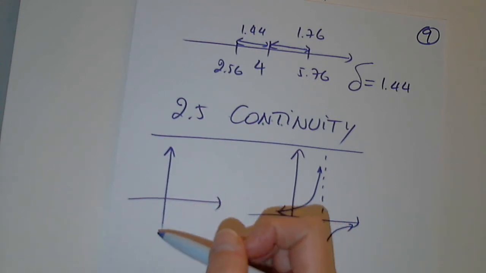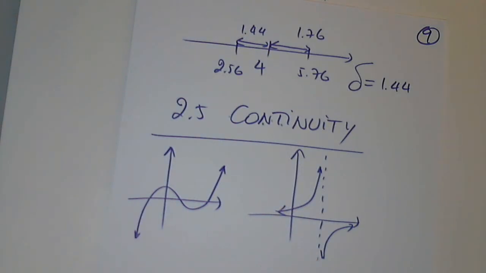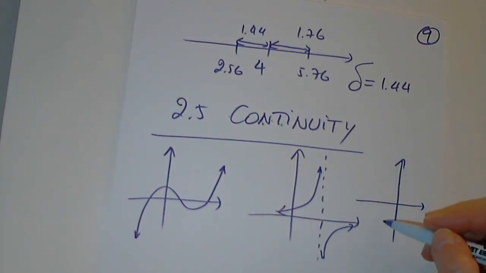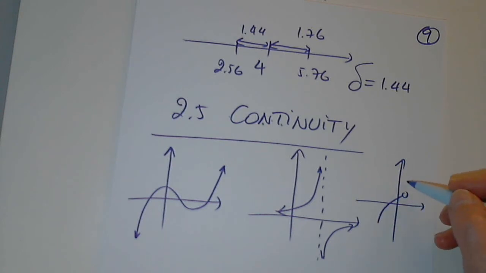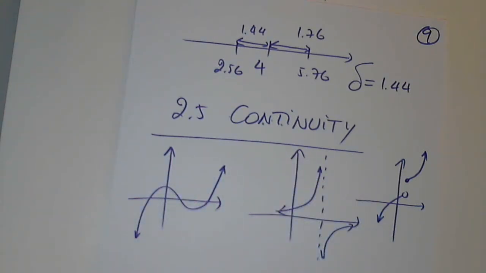I'm giving you a few examples. Is the first function continuous everywhere on its domain? Yes, because I graphed it without lifting the pencil off the paper.